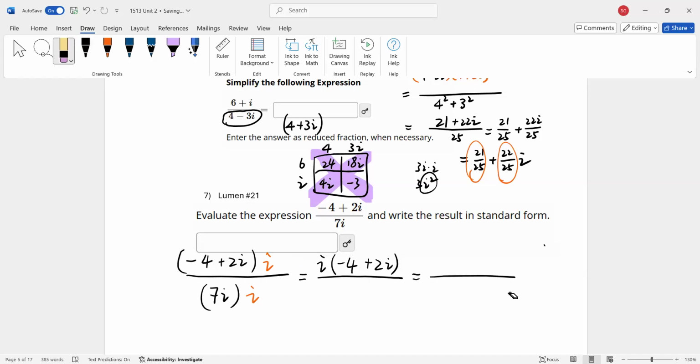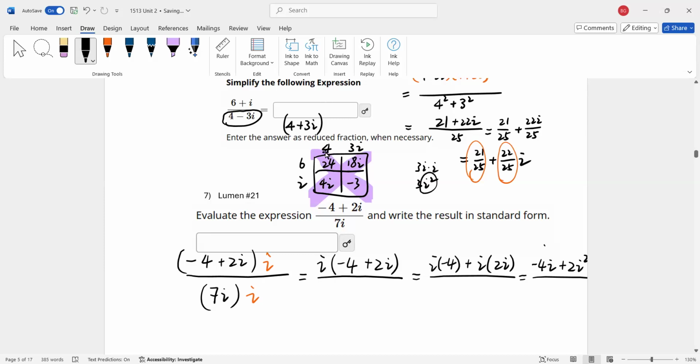If we distribute, we multiply i with both terms in the parentheses: i times -4 plus i times 2i. And let's see what we have. i times -4 gives -4i. i times 2i gives us 2i squared.